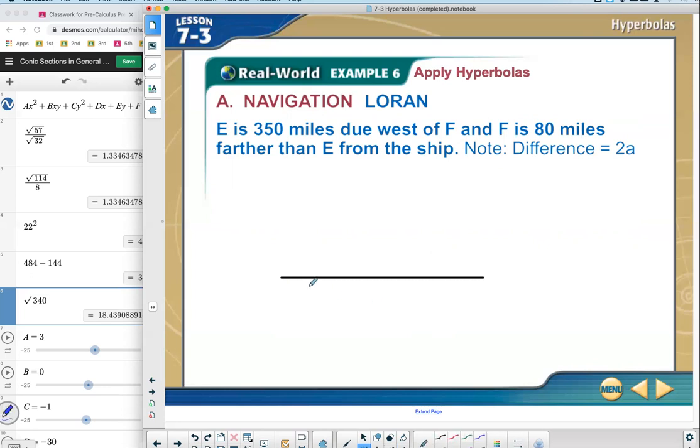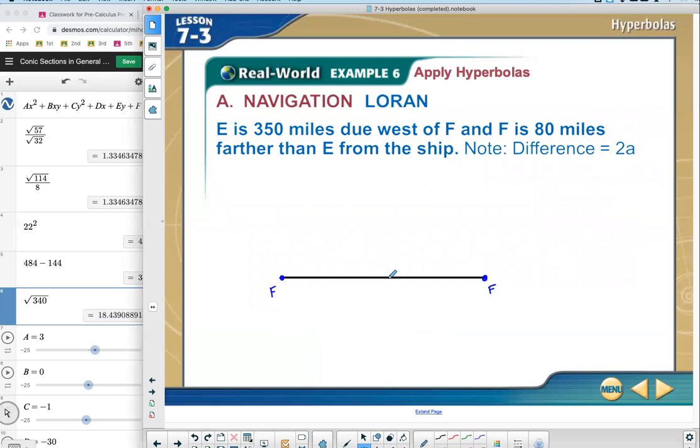So E here is 350 due west, which means to the west. So E is over on this side, F is over here. Now there's one other thing I should include here with hyperbolas: these stations would be located at the foci. That's an important piece of information they expect you to know.